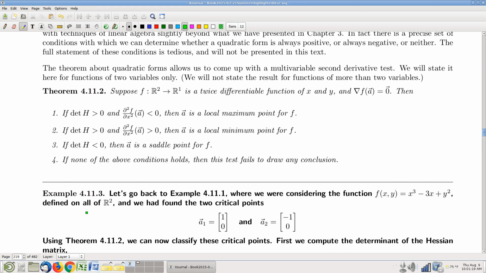Again, let me just remind you that it's not analogous to Calc 1. In Calc 1, everything works out really nicely and simply. And in a multivariable context, there's more weird things going on. It is actually a pretty sophisticated conversation. So the determinant shows up in a way for which there is no analog in Calc 1, right?